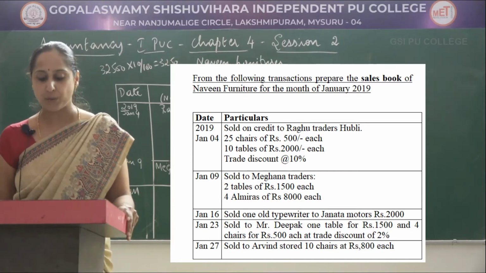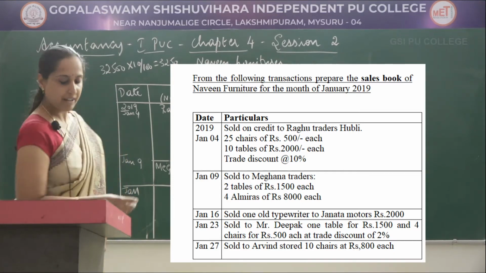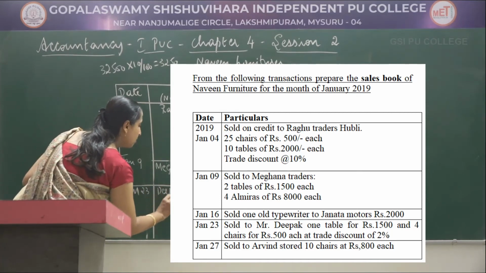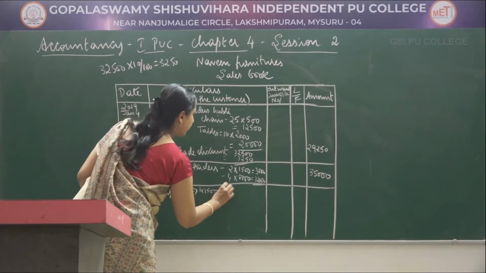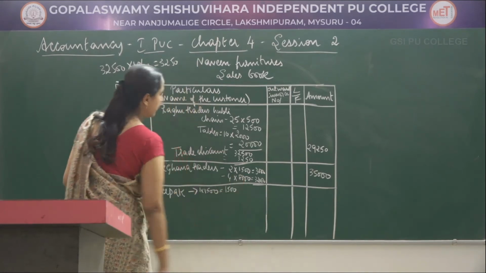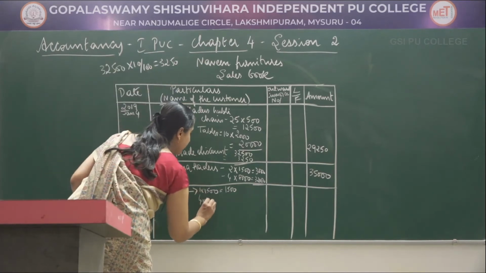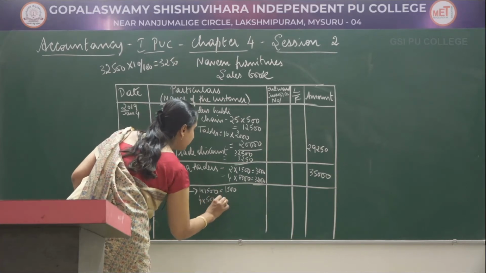Next is on January 23rd, sold to Mr. Deepak 1 table of 1,500. They have sold goods to Mr. Deepak 1 table worth 1,500 and 4 chairs worth rupees 500 each.